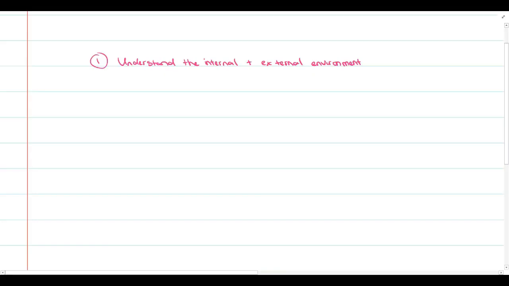After we have a thorough understanding of the internal and external environment, we then need to select appropriate strategies. And this is the next section that we are going to look at.